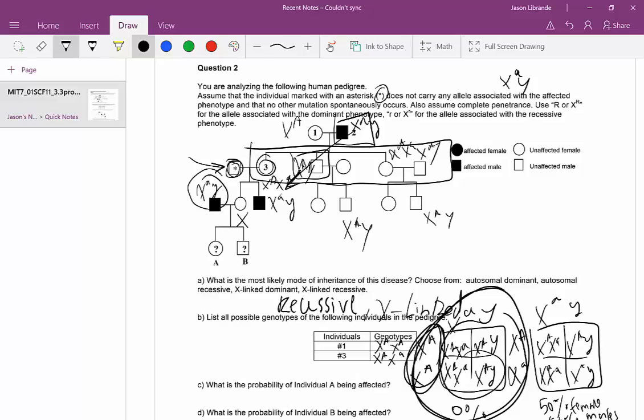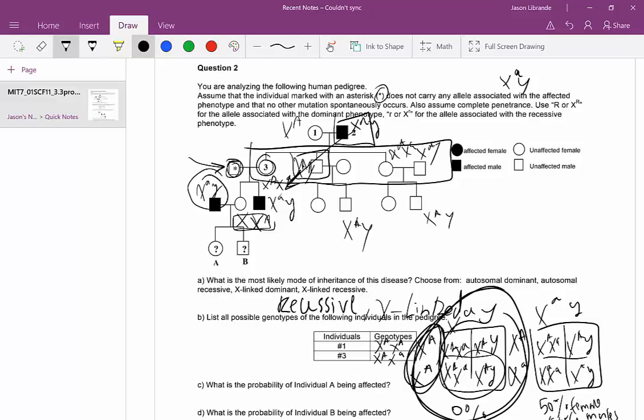She has X and nothing there, and then she has X uppercase, I believe. Let me double check that. Yes, so I think in this case, if she had the lowercase allele, then she would have the disease. So if she had the recessive allele, she would have the disease there.